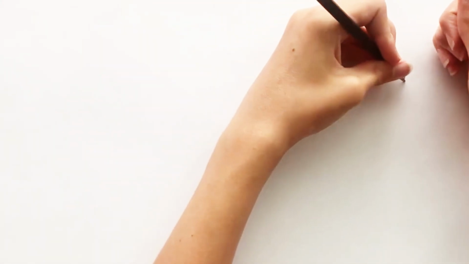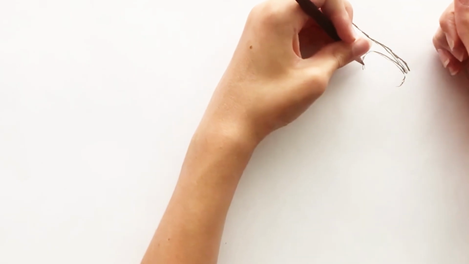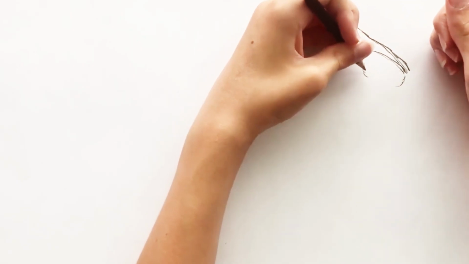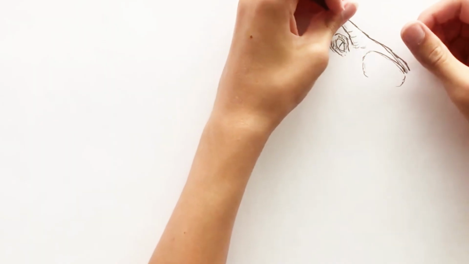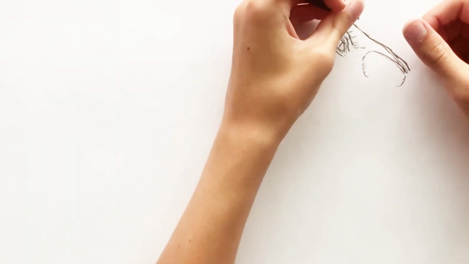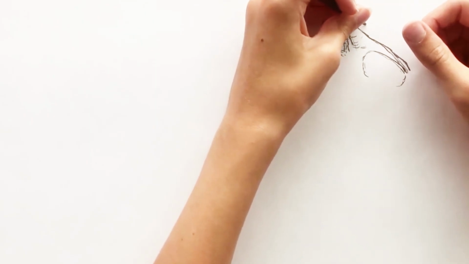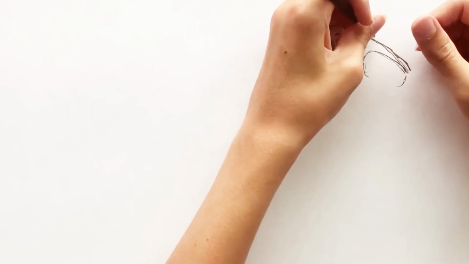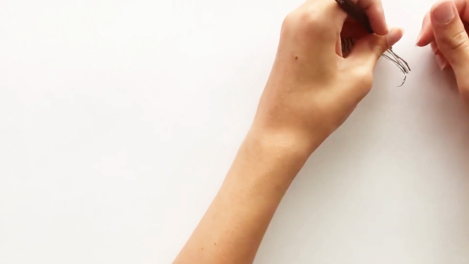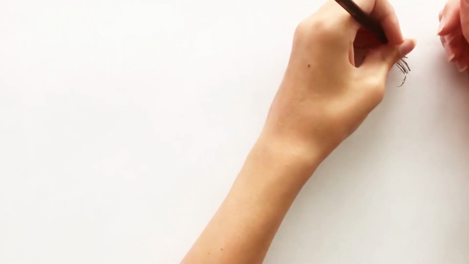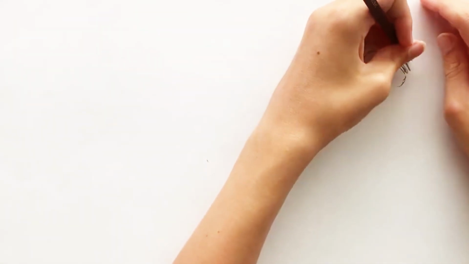And so I'm going to have an oval shape right like that. This is going to be right here. The other side is going to come down a little right here.